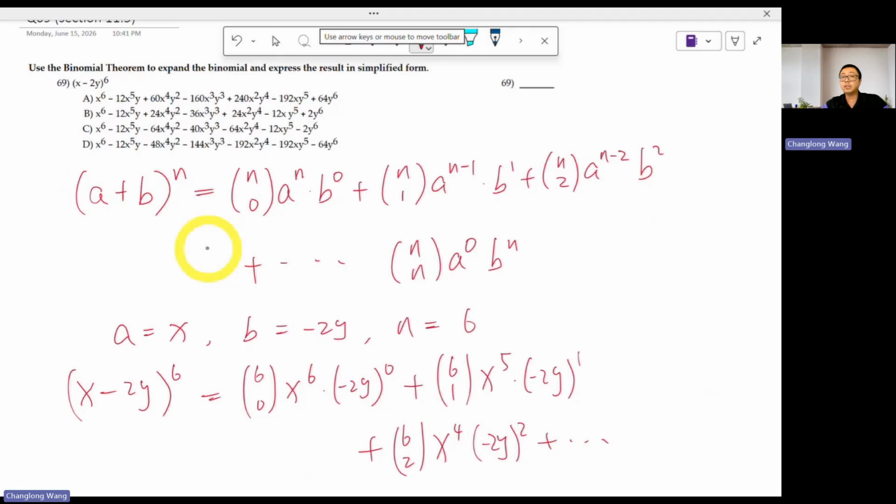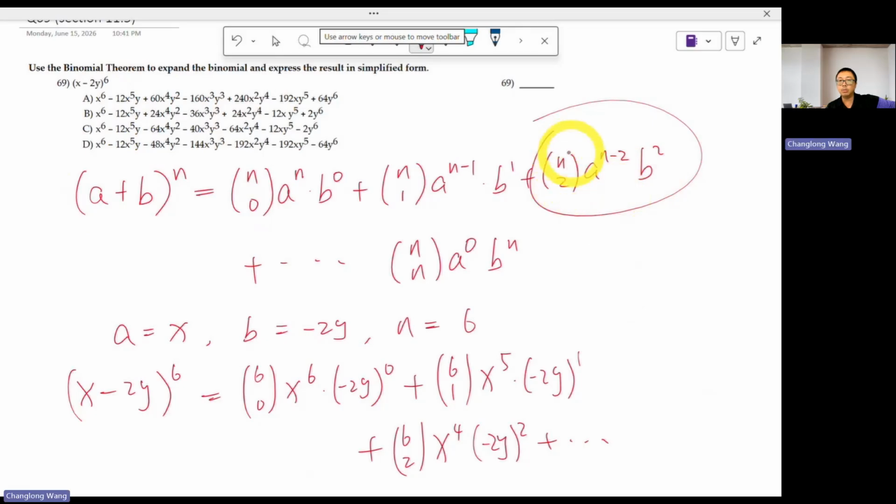And that's going to bring us to the next question. How do you find out the third term? Of course, you could remember the pattern and remember, oh, if I start from nC0, the third term is this guy.